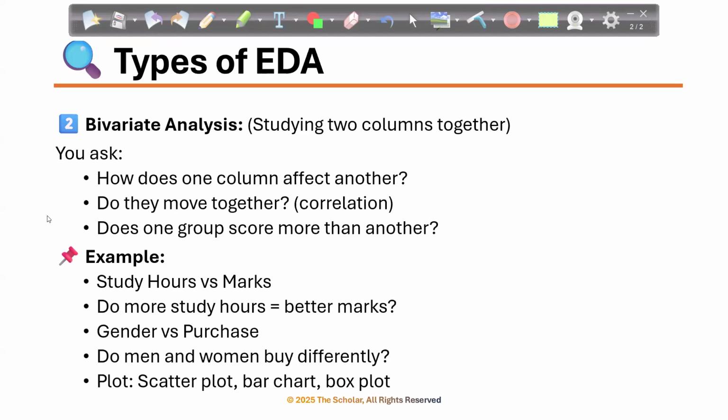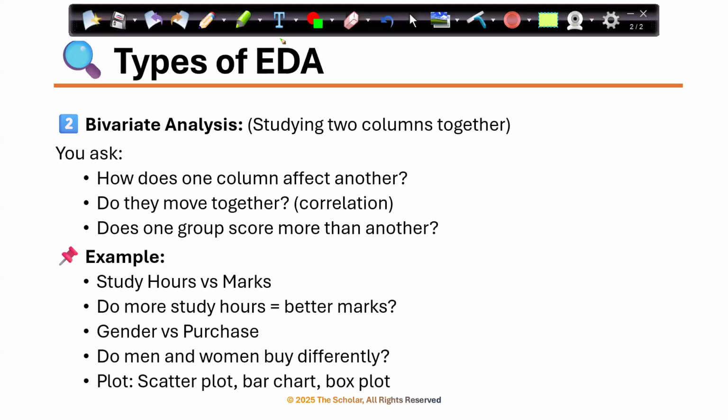So the idea is basically bivariate analysis. Again, you can have three types. One is you are analyzing a categorical column and a numerical column. For example, I have the gender column and I have the sales column.